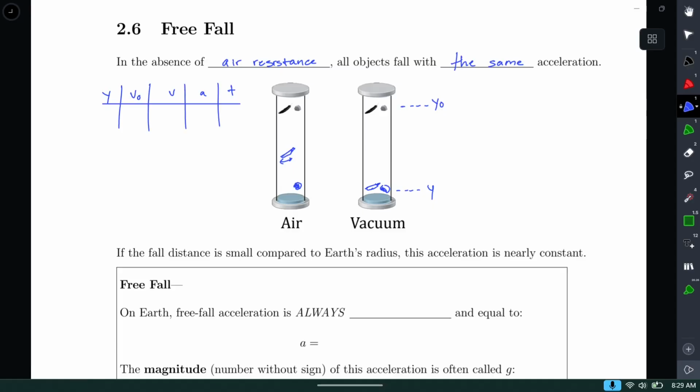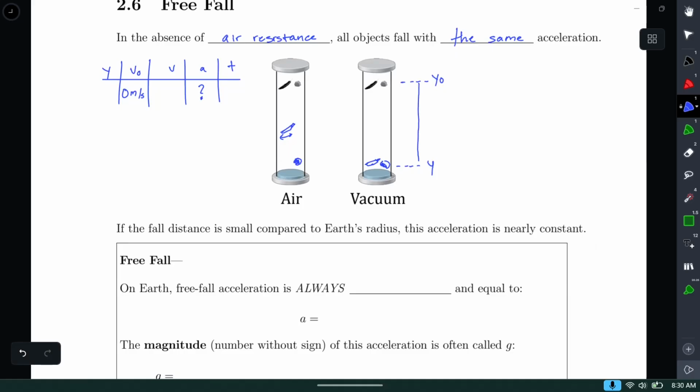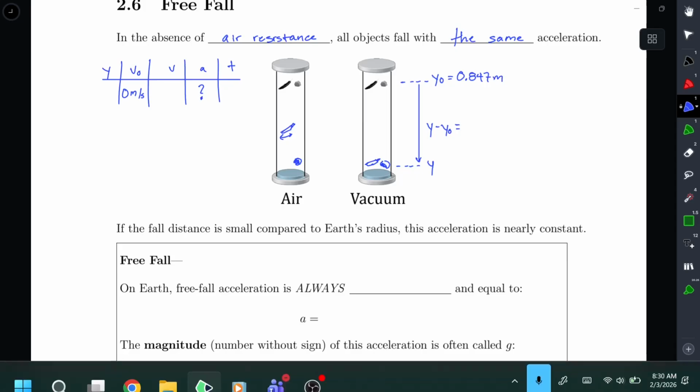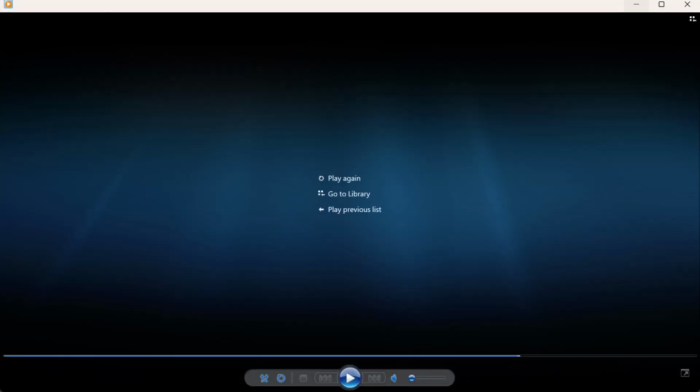And my goal in this case is to find that acceleration, free fall acceleration. I'm going to drop the objects, so my initial velocity will be 0 meters per second. The displacement, so y minus y initial, is going to be, well, the top of this I'm going to measure from 84.7 centimeters, and that's a specific value because I do this experiment.